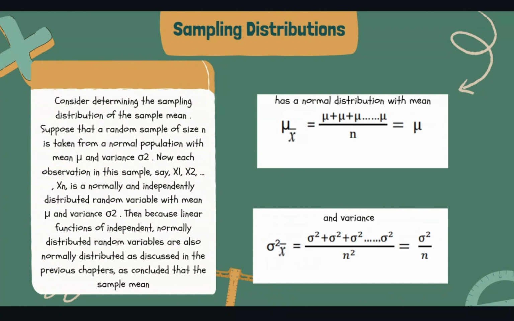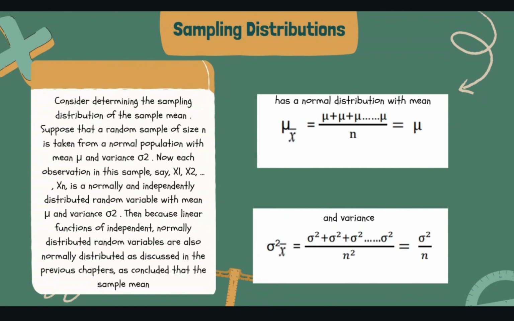Consider determining the sampling distribution of the sample mean. Suppose that a random sample of size n is taken from a normal distribution with mean mu and variance sigma squared. Now each observation in this sample, x1, x2 until xn, is a normally and independently distributed random variable with mean mu and variance sigma squared.